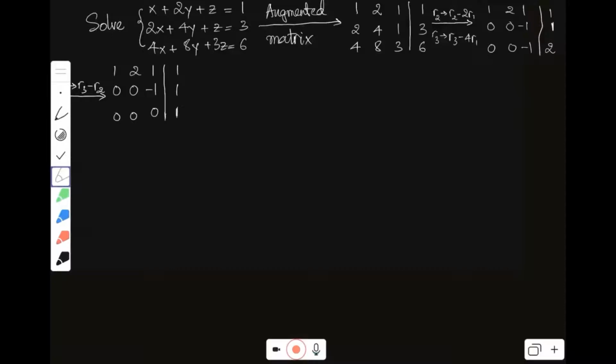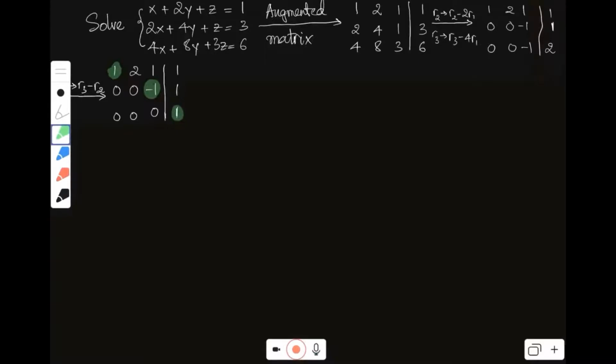Alright, so what we have already had is an echelon form. So you could have stopped here, or you can move further if you want. It's echelon form because this is the first non-zero entry, and then when you go below, this is the first non-zero entry, and then when you go to the third row, this is the first non-zero entry.